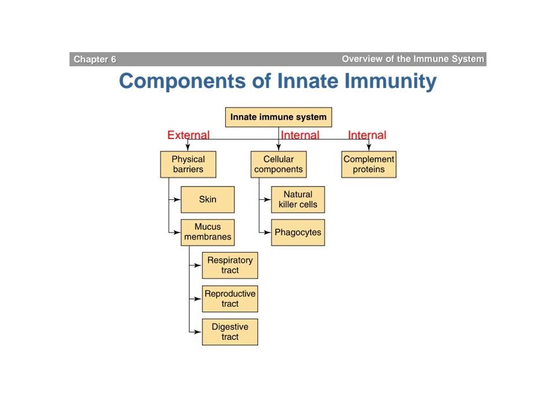So this is composed of cellular components, which includes things like phagocytes. These are cells that actually phagocytize or engulf things like bacteria, and natural killer cells. And we'll talk about those in a second. And the other internal component are complement proteins. These are proteins that also help with the immune function.